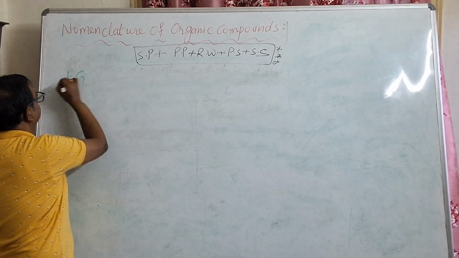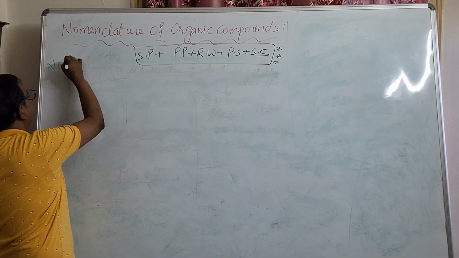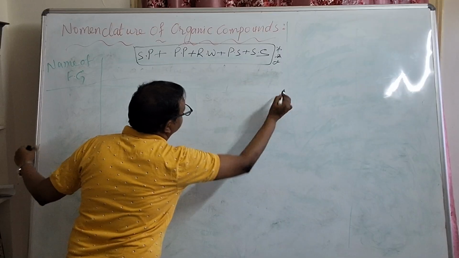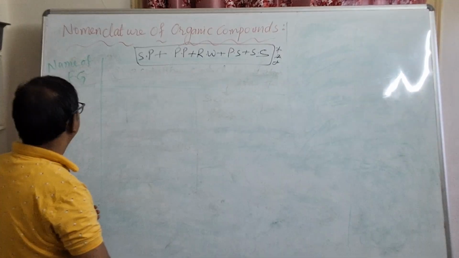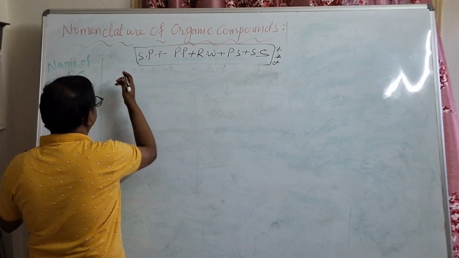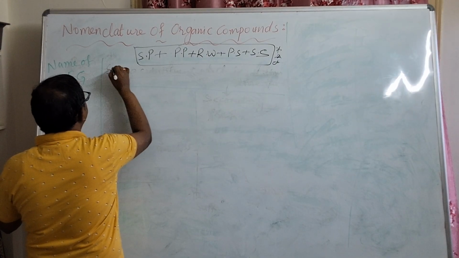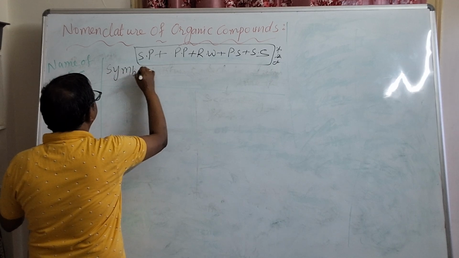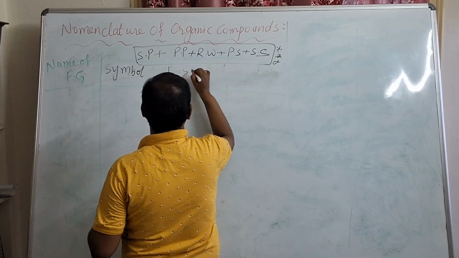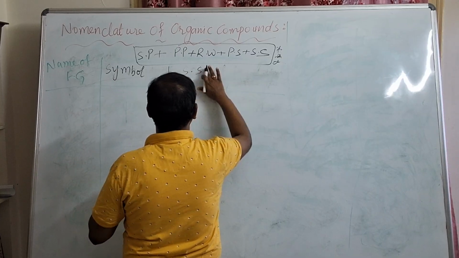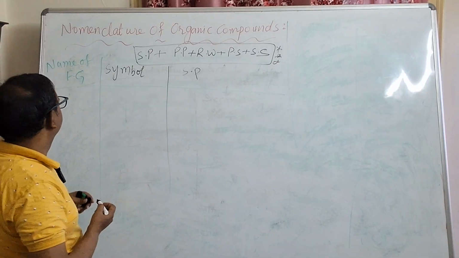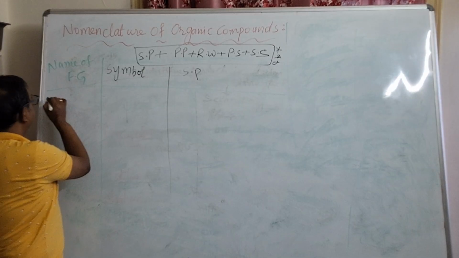Name of the functional group, symbol of the functional group, and name of the secondary prefix, you can write here.